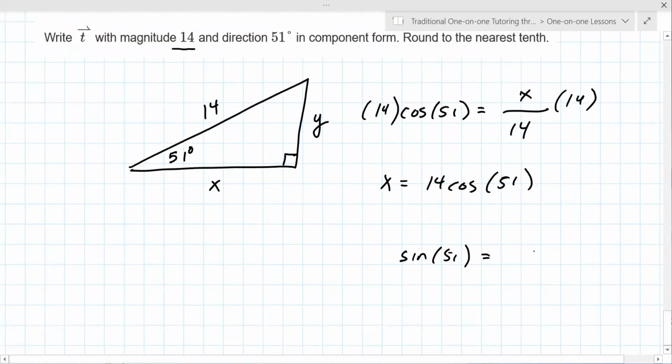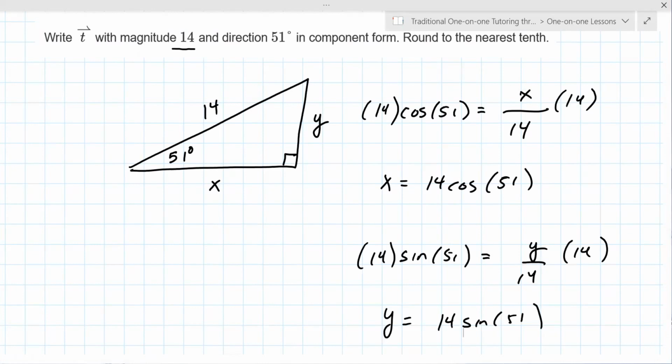Sine of 51 is y over 14, so you do the same thing: y equals 14 sine 51. Give me those numbers rounded to one decimal place. I get 8.8 for x, and for y I get 10.9. Perfect.